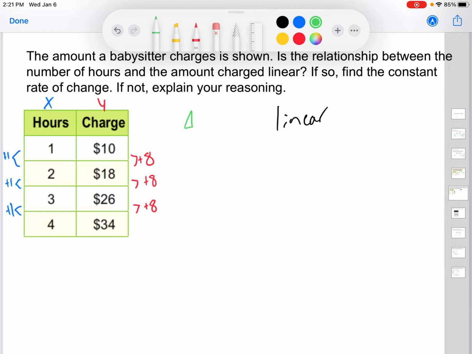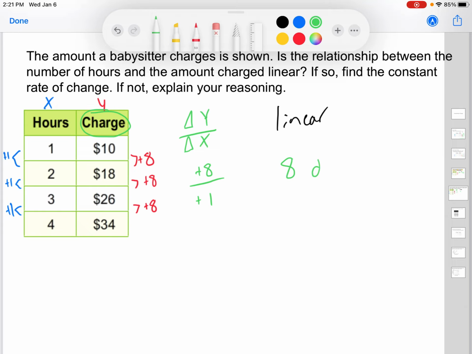Secondarily, we have change in y over change in x. So my change in y is plus 8 over my change in x, which is plus 1. So my rate of change would be 8, and I'm going to say $8 because that's my charge, or my y value.